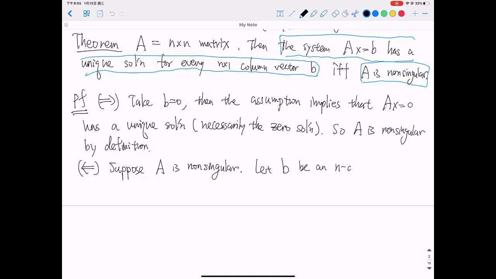Let's say B is an n-dimensional column vector. We want to show that the system Ax equals B has a unique solution.